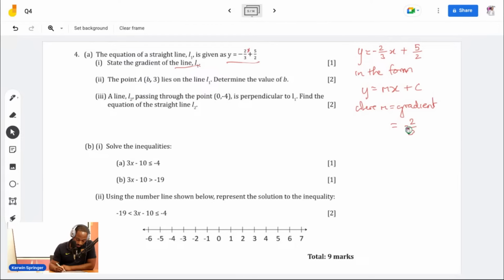The point (B, 3) lies on the line L1, this same line here. Determine the value of B.